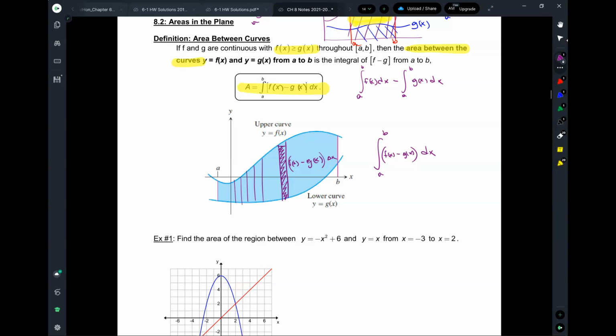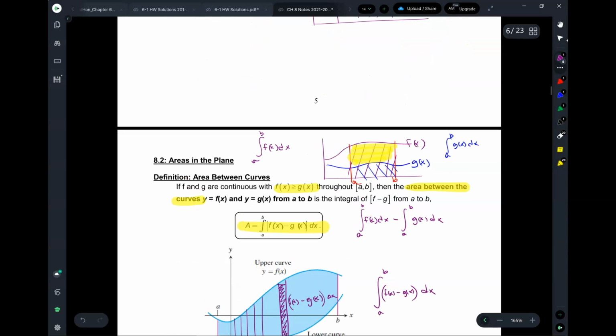Well, if you have the height of this one right here at the very top, how much is it to the very top of this? It's f of x. How much is it here? g of x. And then when you subtract, it's that balance.